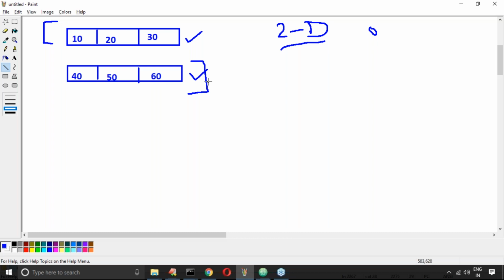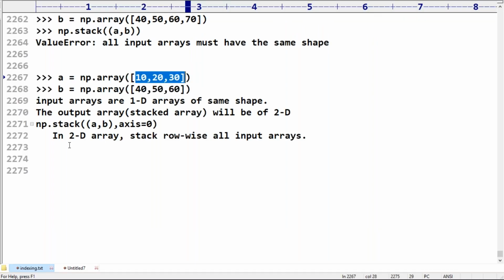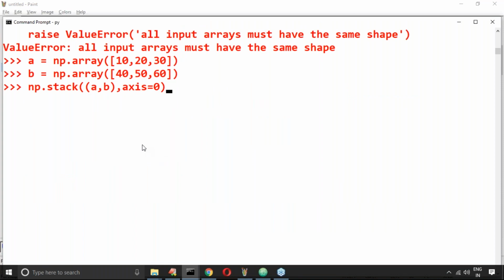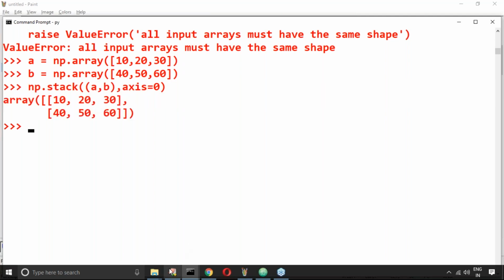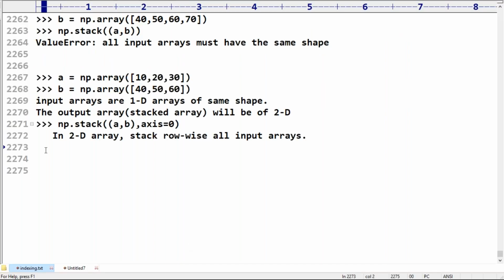So, stack input arrays row wise. Now observe what output we are going to get by default. Let me consider this. Observe this carefully. But is the answer we are getting our expected answer or not? Please confirm.